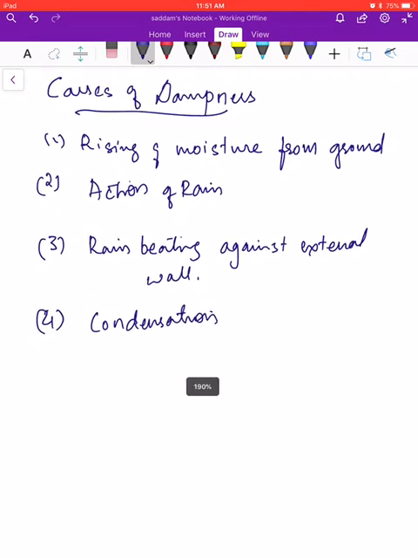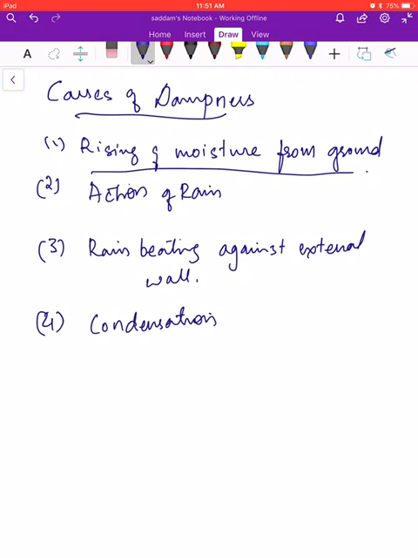Okay, now let us discuss one by one what happens. Okay, so rising of moisture from the ground. So as we know, the ground on which the building is constructed is made of soils. Okay, so we construct our building on the soil, which allows the water to pass. Because we are constructing the building on the ground, water may percolate from the soil to the building.